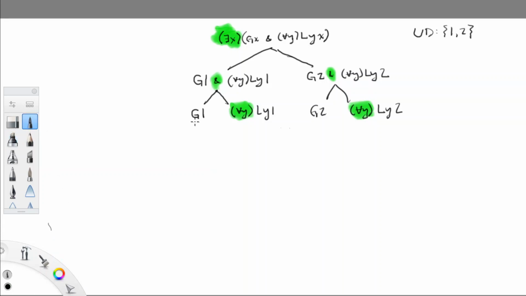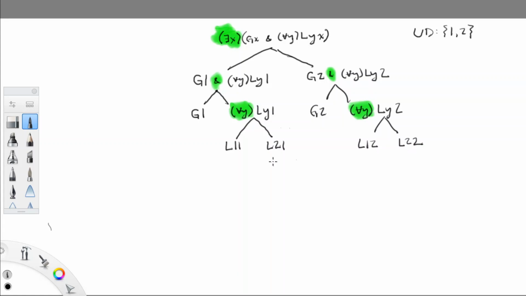That means, of course, that we branch twice because our universe has two objects in it: L11, L21. On this branch, we take Ly2 and we replace the y with 1, L12, and then we replace the y with 2, L22. That's our tree. We don't need to do anything else to it.